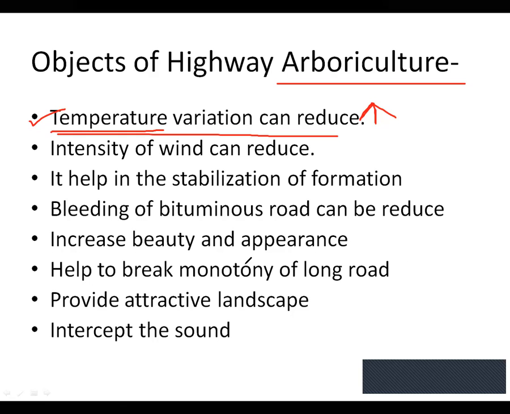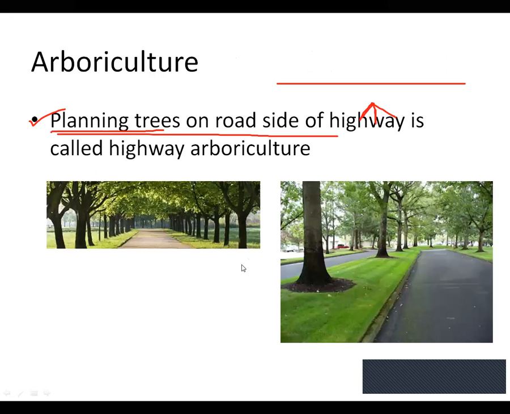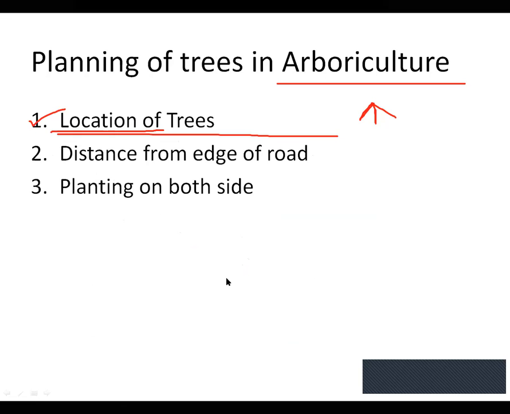There are several things which are considered while planning arboriculture, like location of a tree, distance from the edge of the road, and plantation of the road, that is, whether it is at the middle, at one side, or both sides, etc. Then the distance from the edge of the road: if it is very near the edge of a road, it covers some amount of the road, which might obstruct the vision of a road.